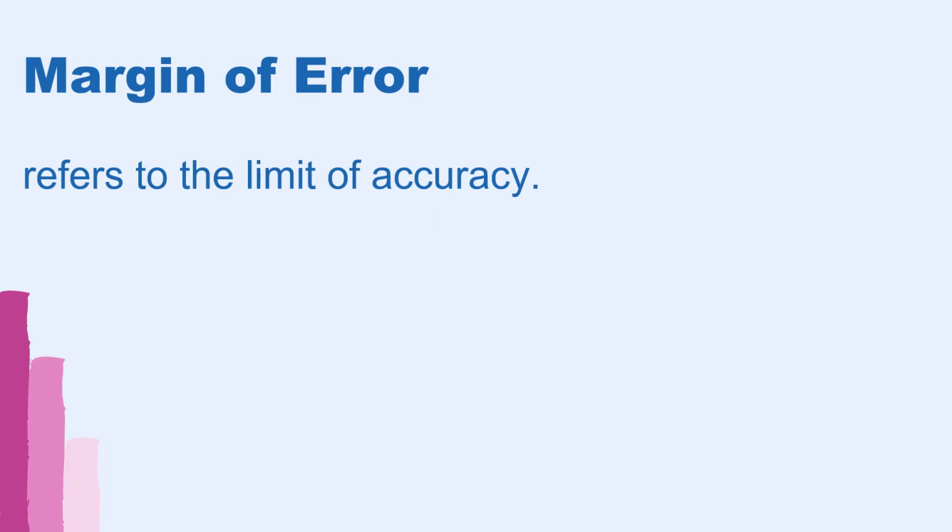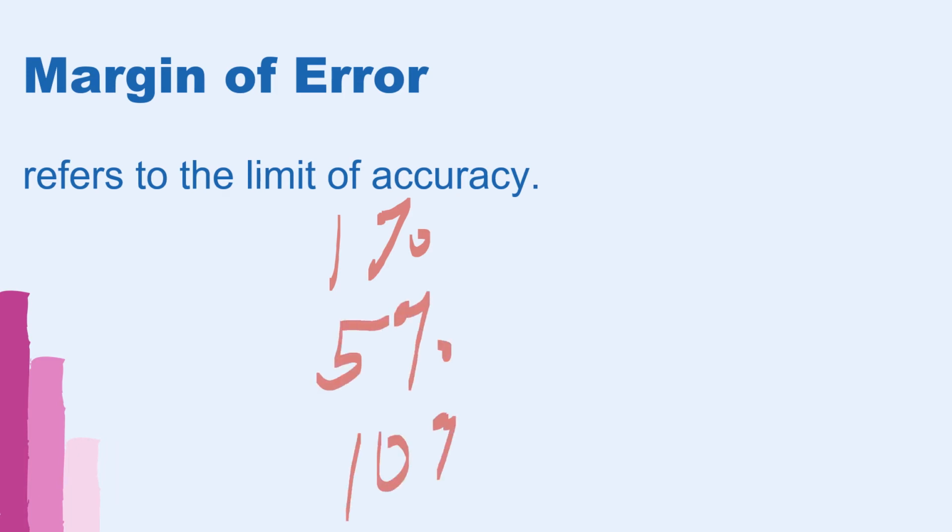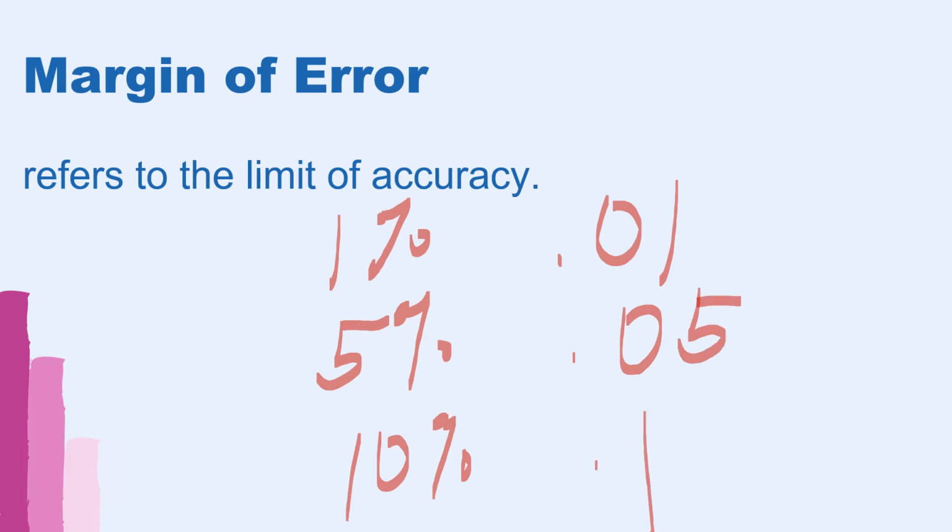Next, margin of error. Margin of error refers to the limit of accuracy. In statistics, we commonly use three: 1%, 5%, and 10% margin of error. This is oftentimes represented by 0.01, 0.05, and 0.1. Now, what's the meaning of margin of error?